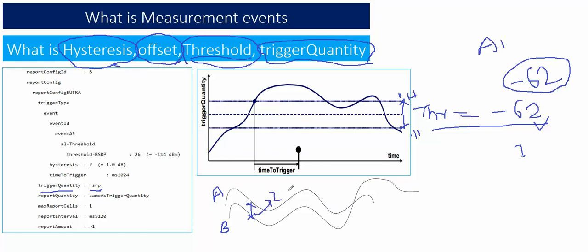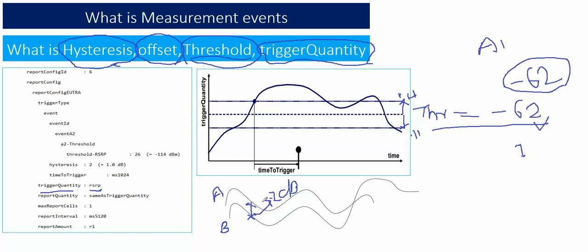So A is offset by 2 dB from B. Between the two signals there is a 2 dB offset.